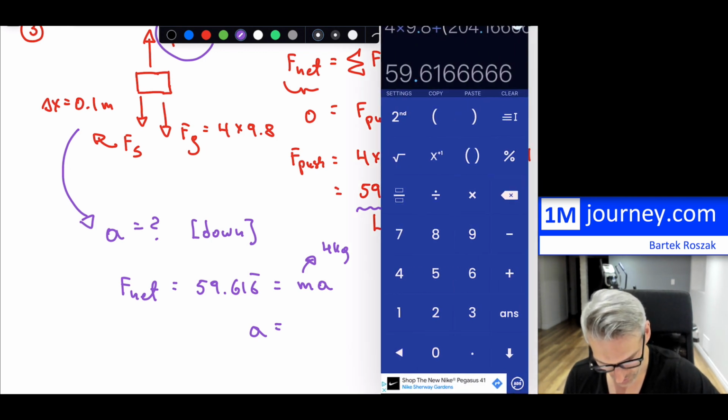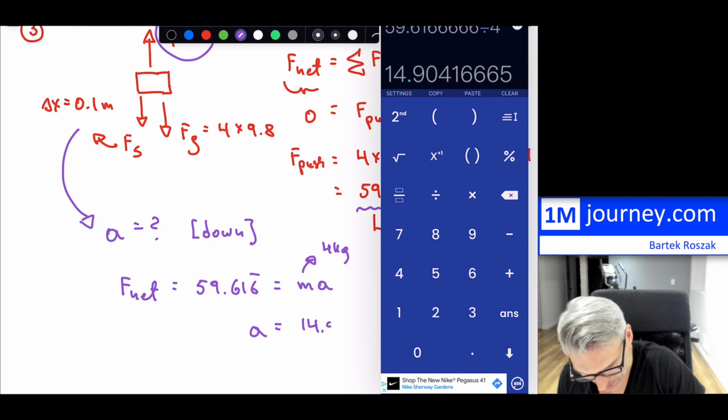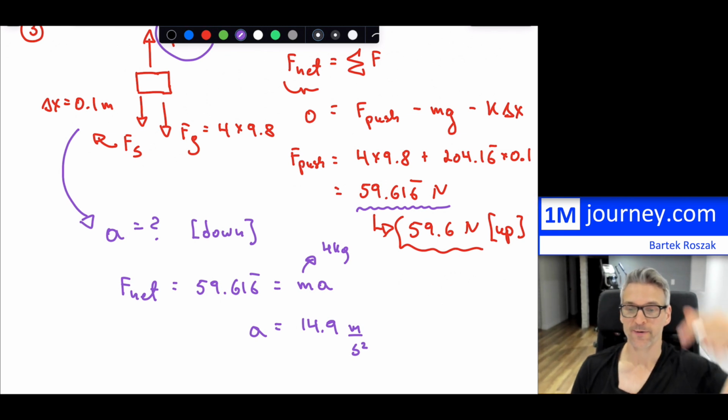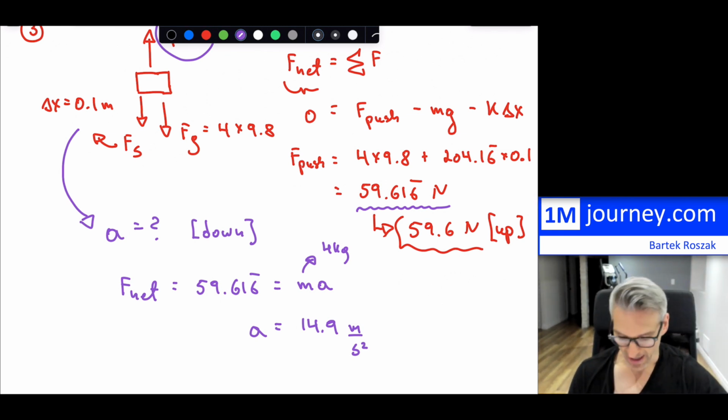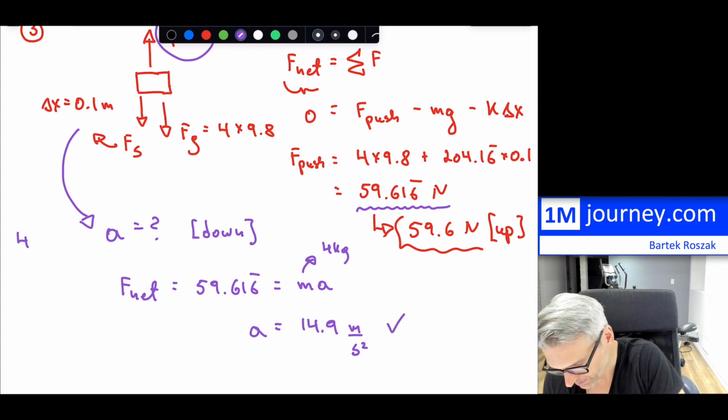If we do that, divided by 4, this is going to be 14.9 meters per second squared. And it is going to be downwards. So there you go. That is number 4.